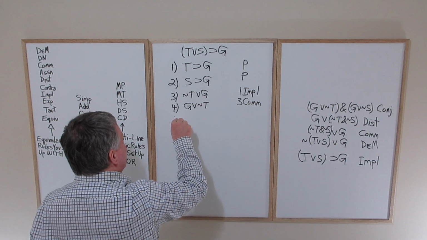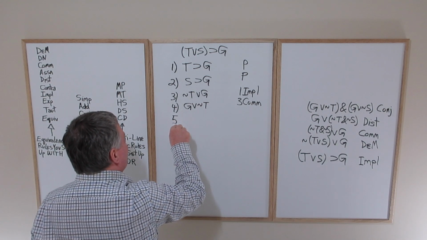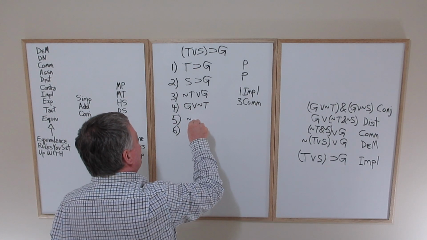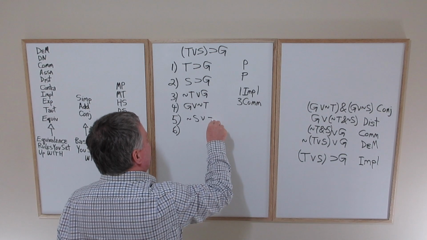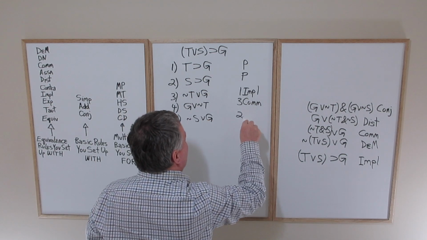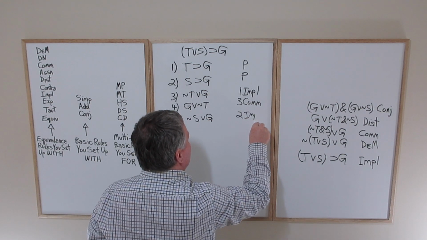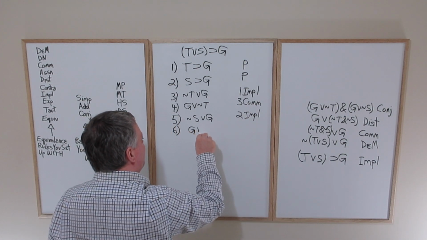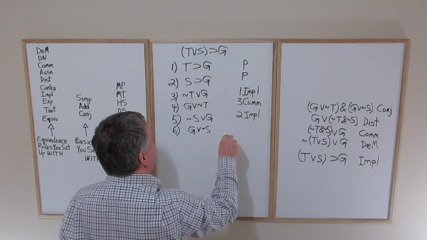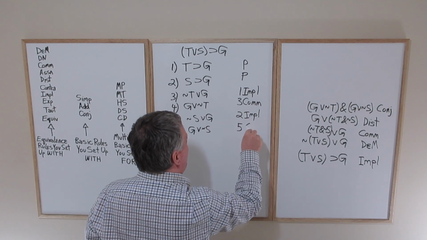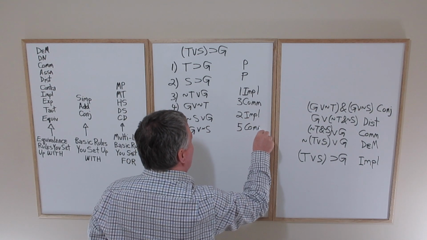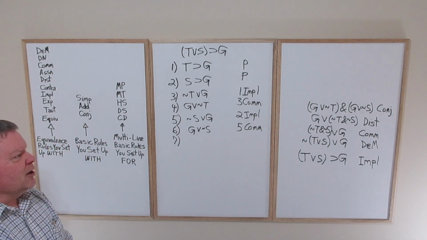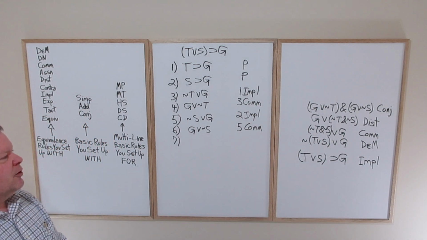The right conjunct is also going to require two steps. Tilde S or G is going to be two implication followed by five commutation. We now have the two conjuncts in the conjunction that we're after.